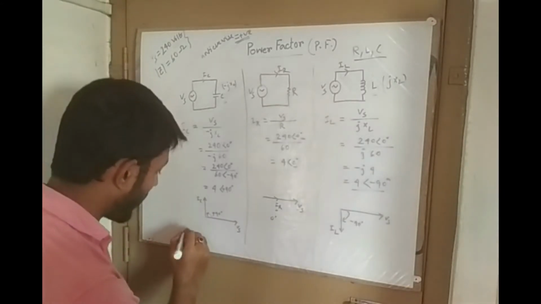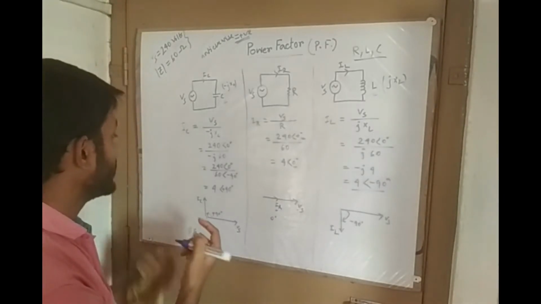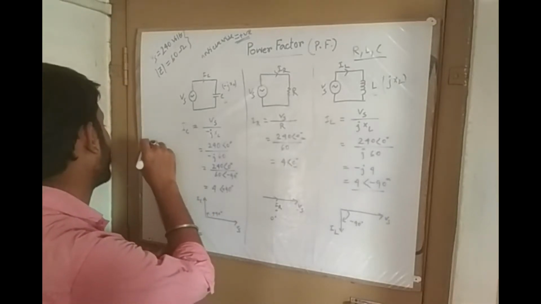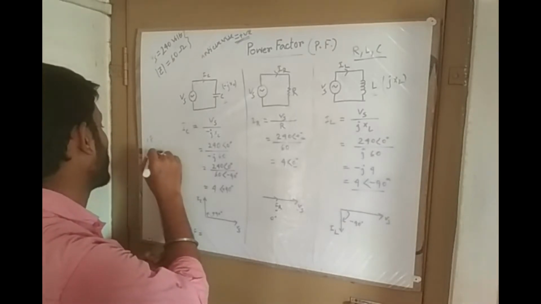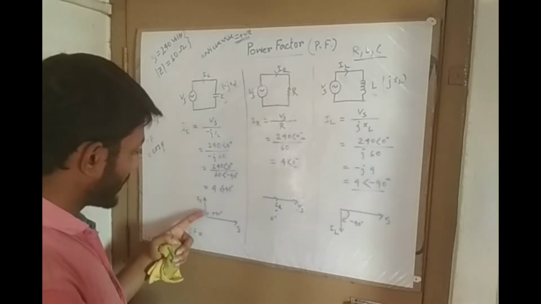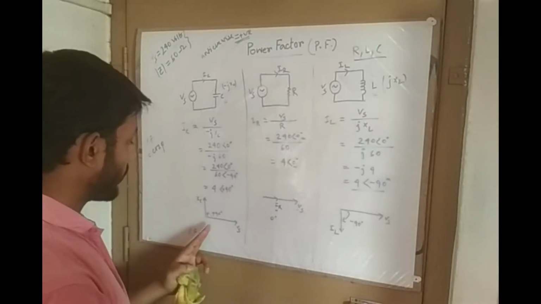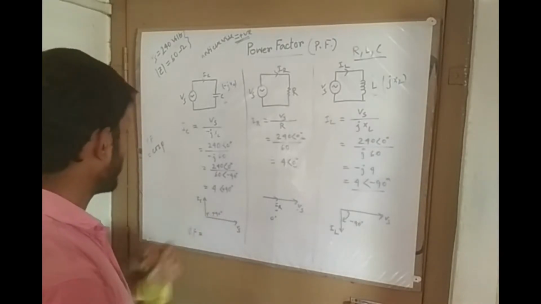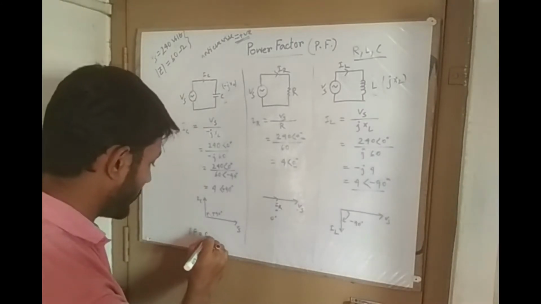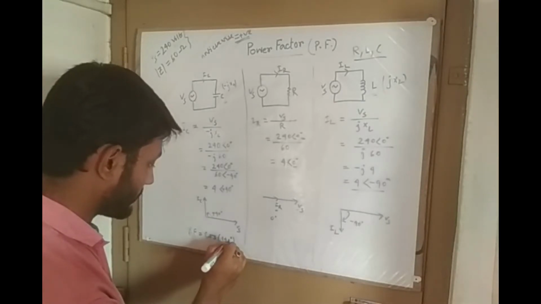So here the power factor is nothing but cos phi, where phi is the angle between voltage and current. For the capacitive case the angle is plus 90 degree, so the power factor will be cos of plus 90 degree.